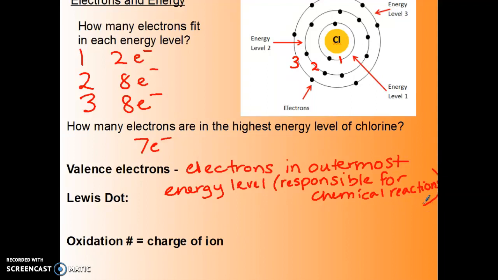Alright, so now we wanted to draw a Lewis dot symbol for chlorine. This is new, but when you draw the Lewis dot symbol, you're going to draw the symbol of the element. So for this one, we have Cl, and you include the valence electrons around the symbol of the element.